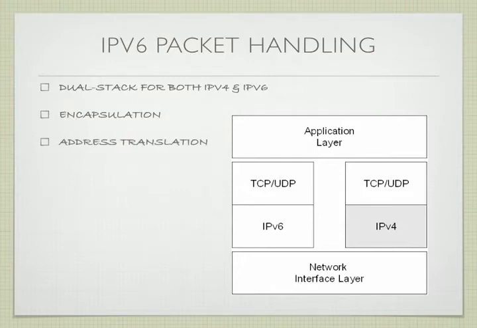The second method that we can use is address translation. You can do IPv6 to IPv4 NAT and reverse the process on the other side. So these are the two methods that allow IPv6 hosts or routers to communicate using IPv4 when the medium between them doesn't support that, but they have a native stack that's able to do it.